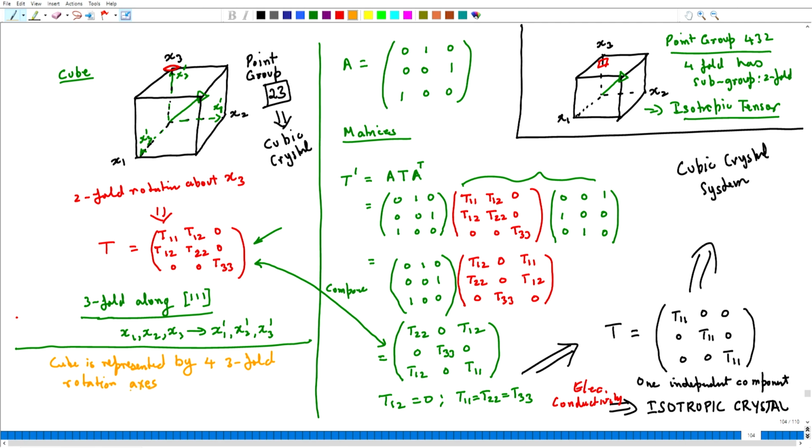So, we can also take a 3-fold here and take another 3-fold along another diagonal, and then see how the tensor transforms under these two 3-folds, then also you will get the same result that the tensor property is isotropic. I leave this as an assignment for you to work on. Thank you.